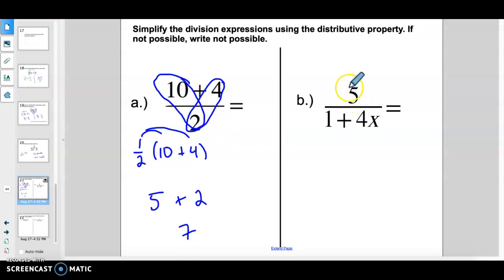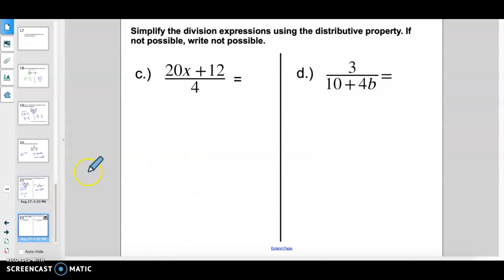Here, I've got the single number on the top, and then a longer expression on the bottom. So this one I cannot simplify because I cannot take 5 divided by 1 and 5 divided by 4x. So this one you can't simplify, or you could say not possible.